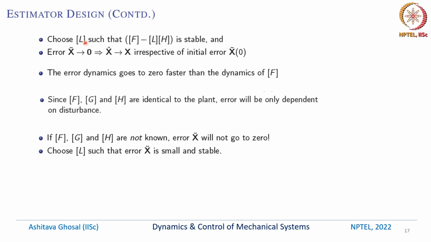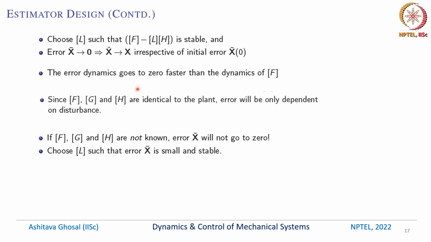So we can choose L such that f minus LH is stable. So basically x tilde does not go off to infinity. If x tilde goes to 0, x hat will go to x, irrespective of the initial error x tilde.